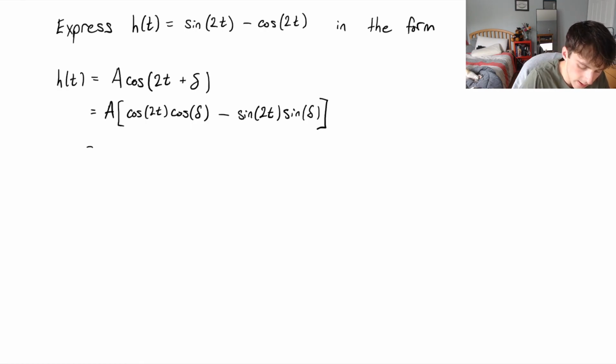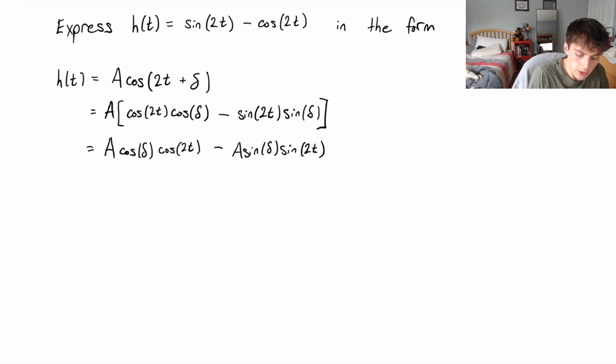And then we'll expand. So we have, and I'm just going to rearrange as well for clarity. So we've got a times cosine of delta times cosine of 2t minus a times sine of delta times sine of 2t.